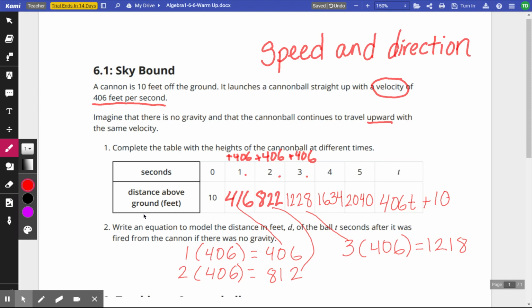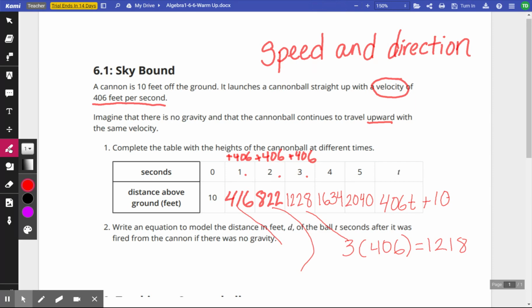All right. So then it says, write an equation to model the distance in feet d of the ball t seconds after it was fired from the cannon if there was no gravity.